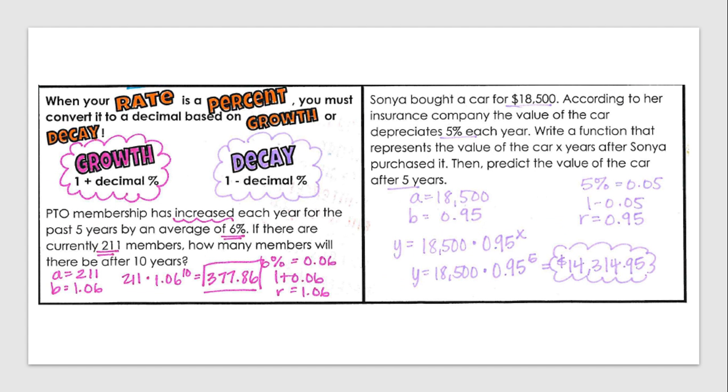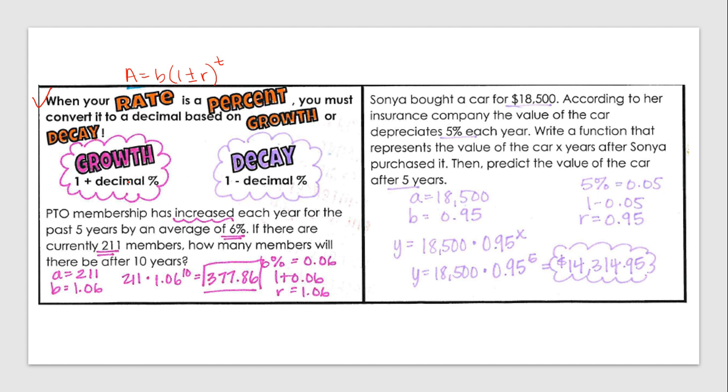Okay, so here, this is really what we focused on. I'm sure you'll have a growth or decay problem on your EOC, and your growth and decay looks something like this. It's just an exponential function.